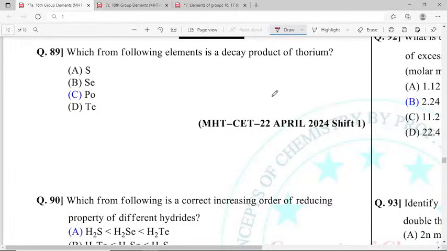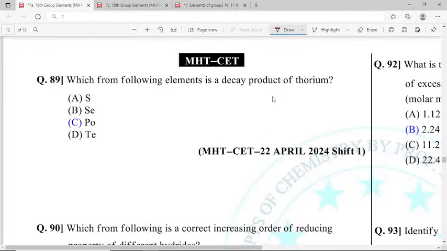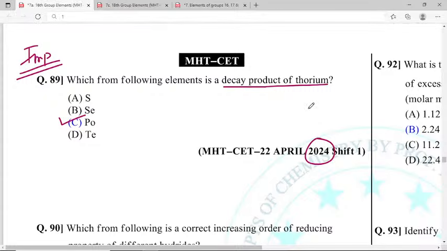Which of the following elements is a decay product of thorium? Polonium. Polonium is the decay product of thorium. This is an important question from 2024.